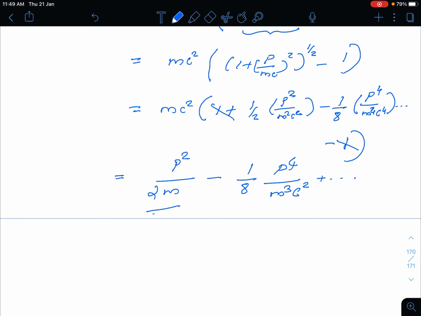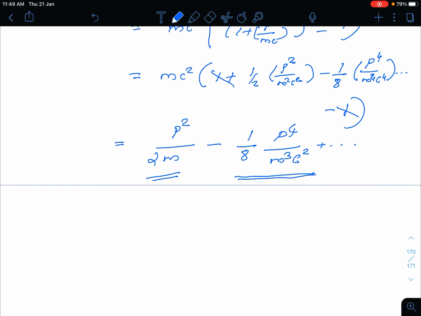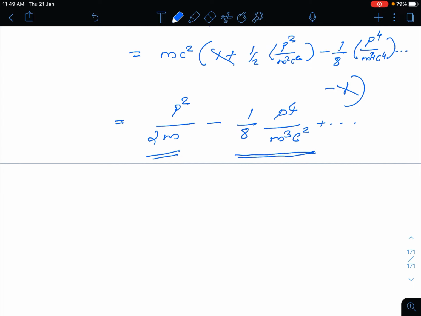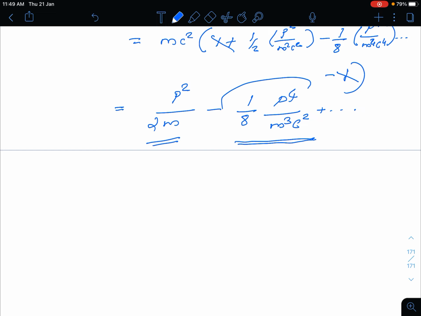So this is the normal non-relativistic kinetic energy, but there is a correction term, the second term, which we will be considering. So this is the relativistic correction.